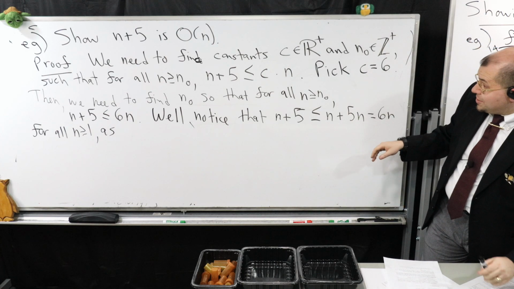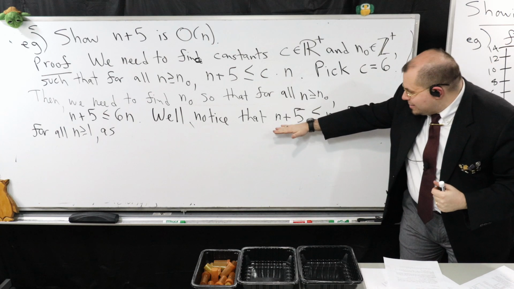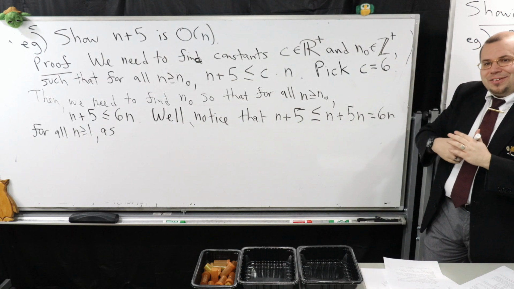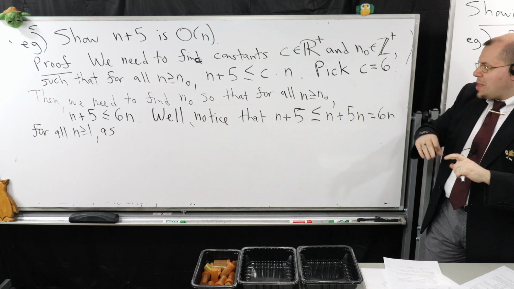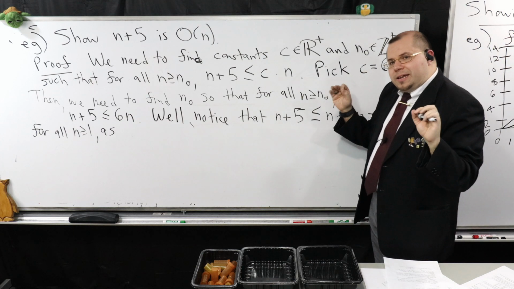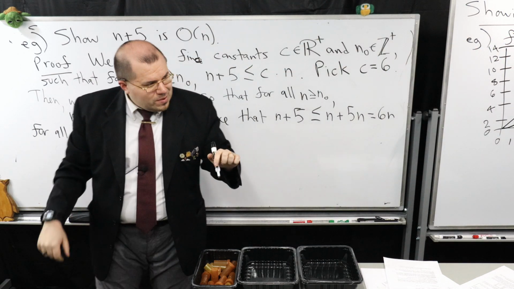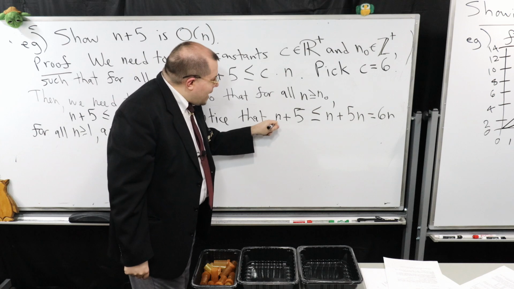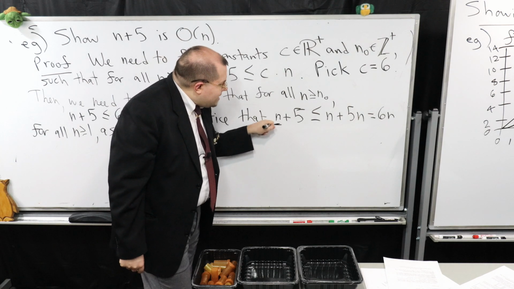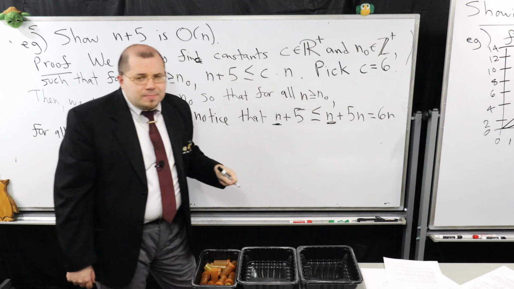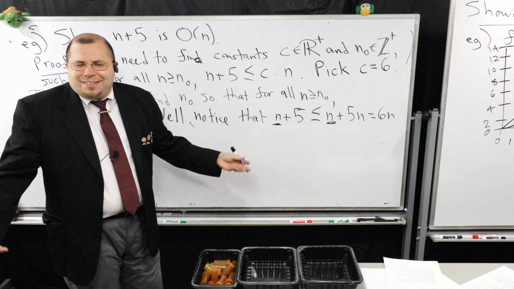So what I'm going to do is compare. I deliberately wrote it out like this, so you can see what I'm going to do here. Now I'm going to take advantage of a property that inequalities have. If I had an inequality that told me that n is less than or equal to n, you'd agree with me that n is less than or equal to n, right?